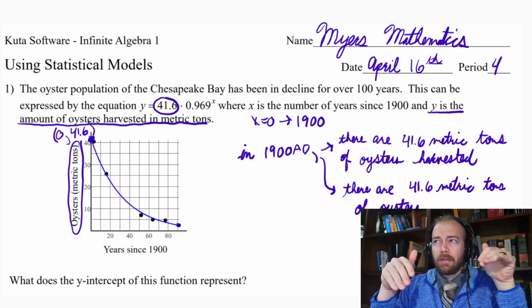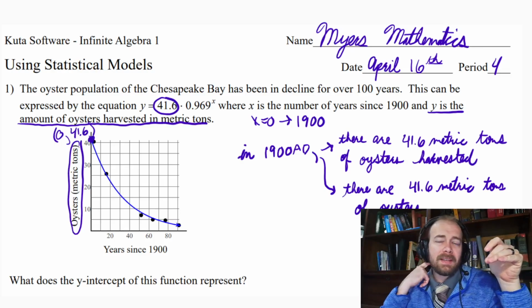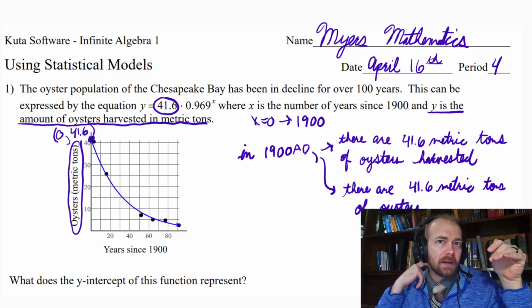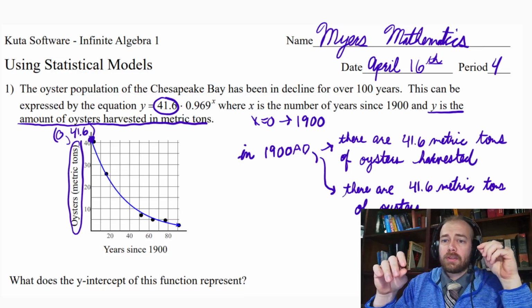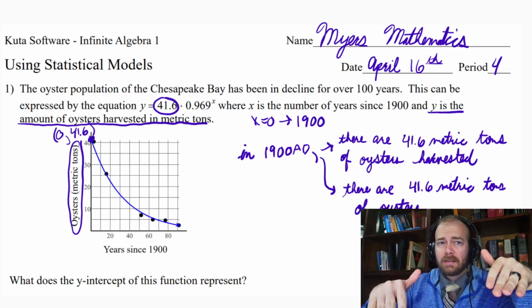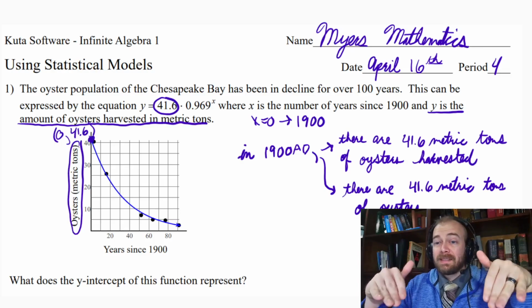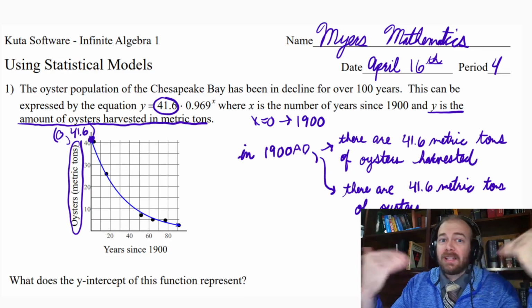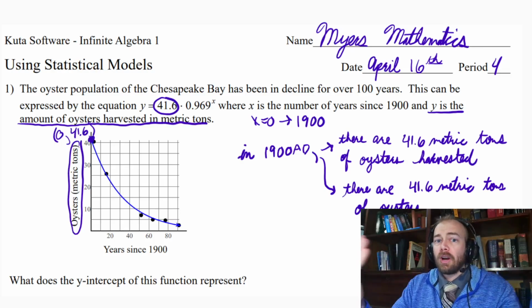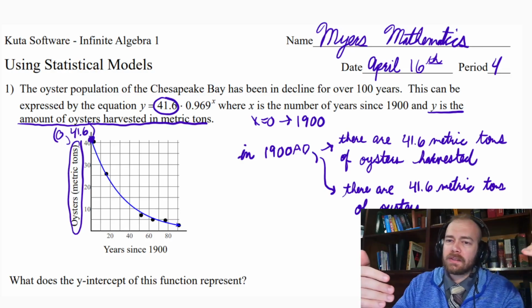They're dependent on each other. That would be direct variation. As the amount of oysters harvested decreases, that means the population is most likely decreasing, because there's less to harvest.